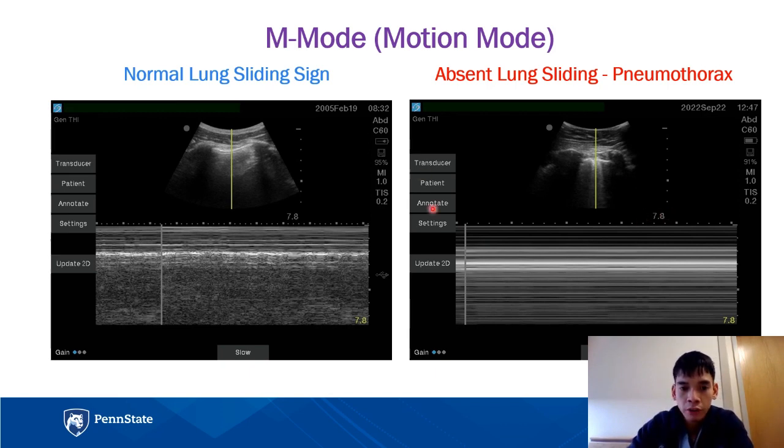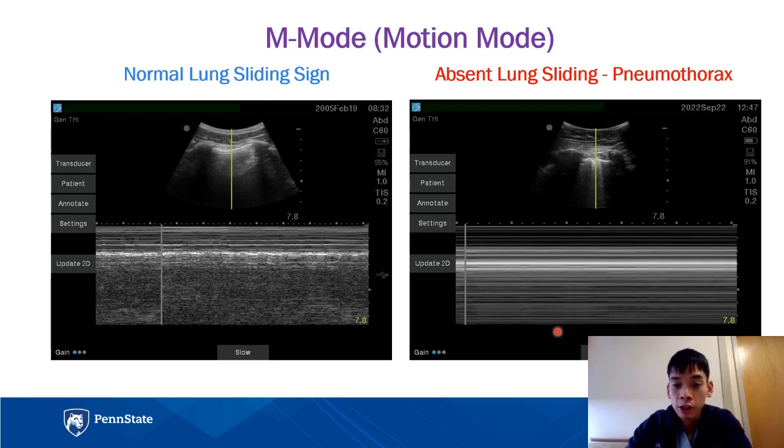So all the stagnation, the horizontal lines here, will carry throughout the entire image, okay? You see the stippling on the left side, normal lung sliding, as you inspire and expire, it creates noise, versus over here, it cannot detect any motion whatsoever, and therefore is generalized, diffuse horizontal lines. And so this is called the barcode sign, okay?